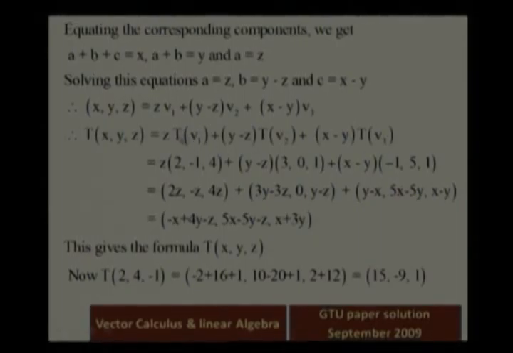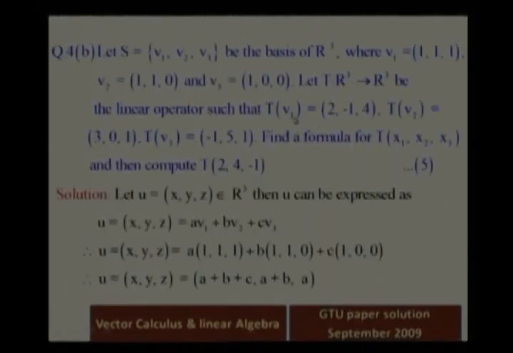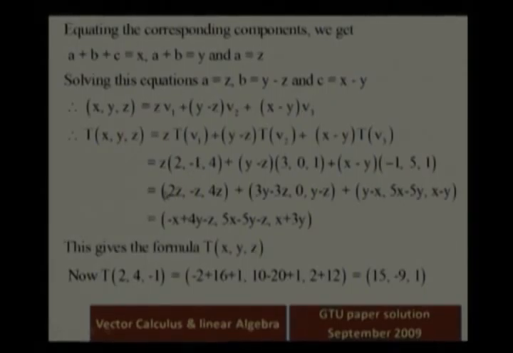Now put the values of T of V1, T of V2 and T of V3. You can see T of V1 is (2, minus 1, 4), T of V2 is (3, 0, 1), T of V3 is (minus 1, 5, 1). So z into (2, minus 1, 4) plus y minus z into (3, 0, 1) plus x minus y into (minus 1, 5, 1).